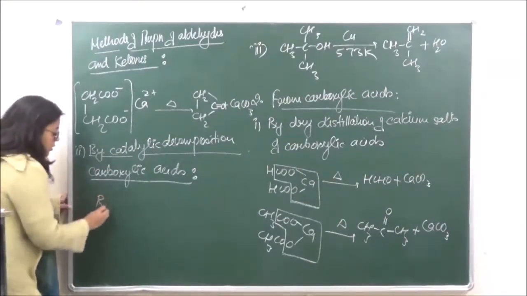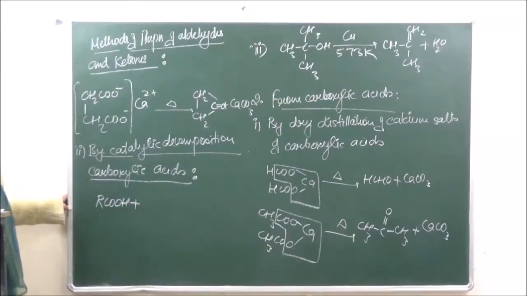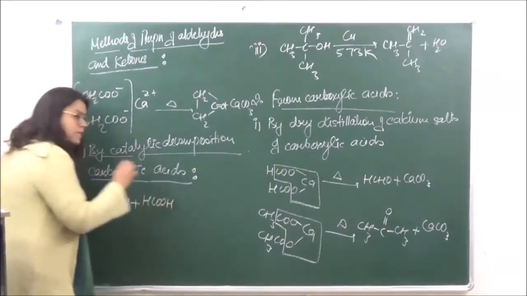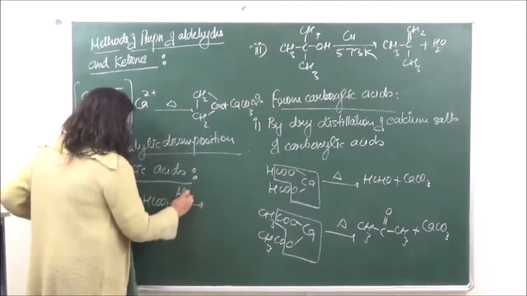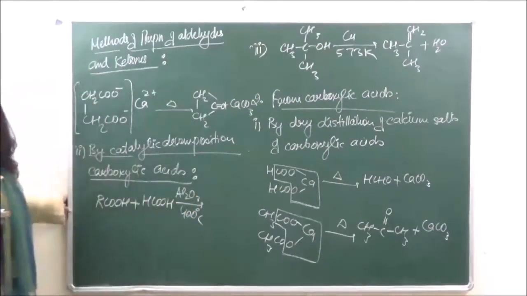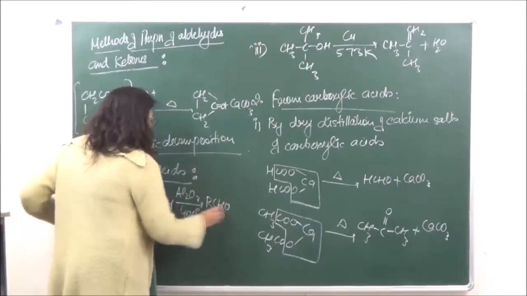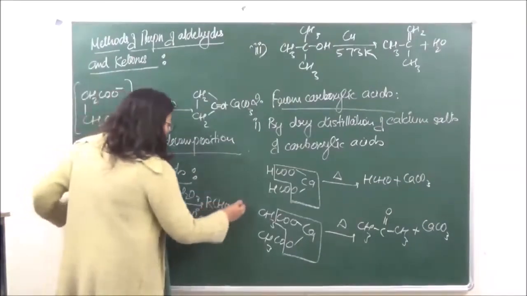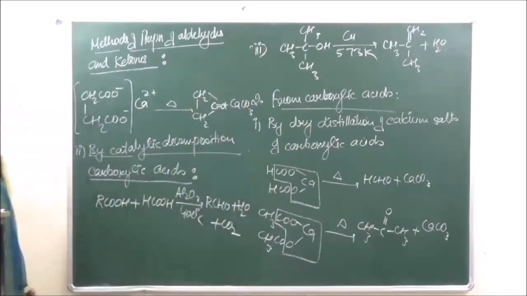So if we are taking two different kinds of carboxylic acids, one which has an alkyl group, and the second one which we are going to take over here is formic acid, HCOOH, in presence of alumina at 400 degrees Celsius, this is going to give us aldehyde RCHO, plus a water molecule and plus carbon dioxide.